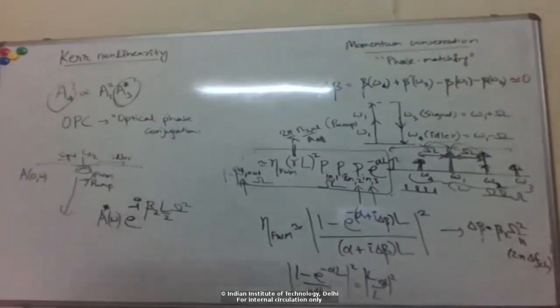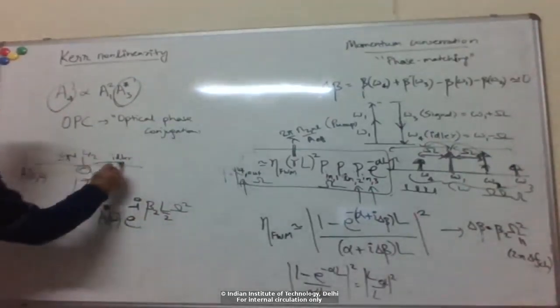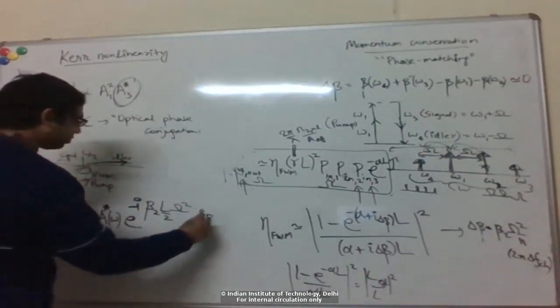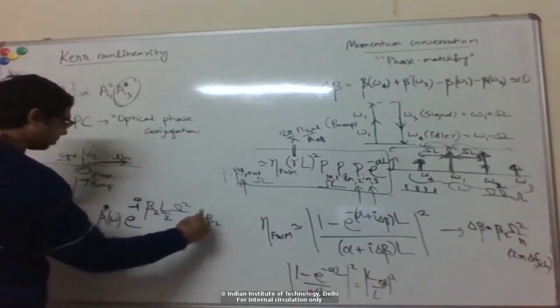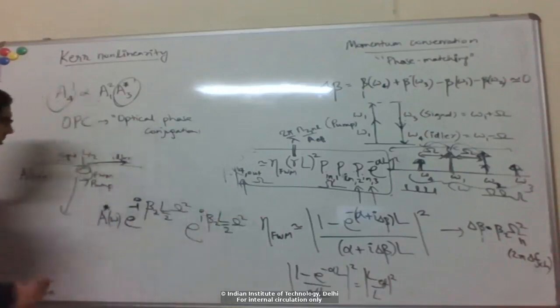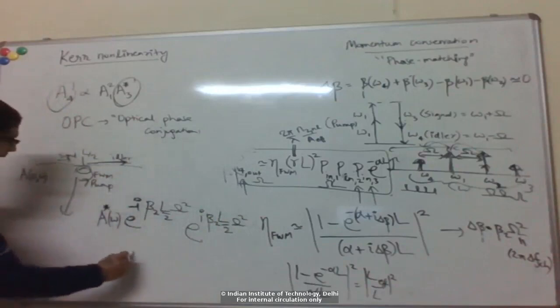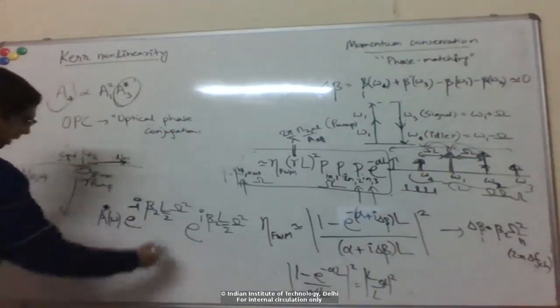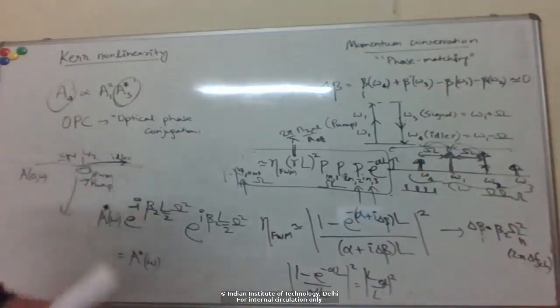Now if you send the idler forward, you can immediately see that in the next half you'll add the dispersive phase shift, which will have the positive sign because of beta 2, and these two will cancel out. So you'll get back your initial spectrum, or when you convert back to time, you get the initial pulse again.